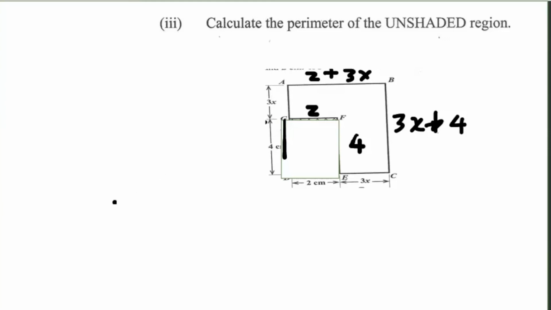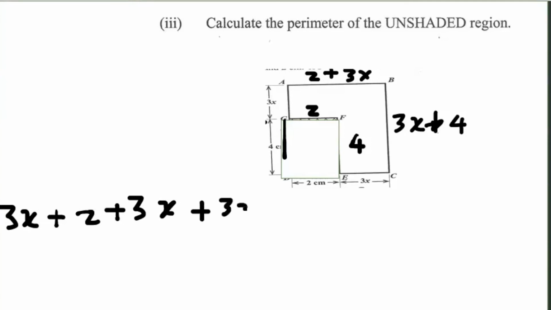So I have 3x, plus 2, plus 3x, plus 3x plus 4, plus 3x, plus 4, plus 2.